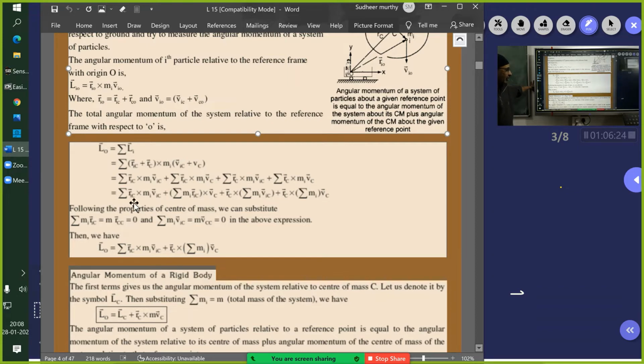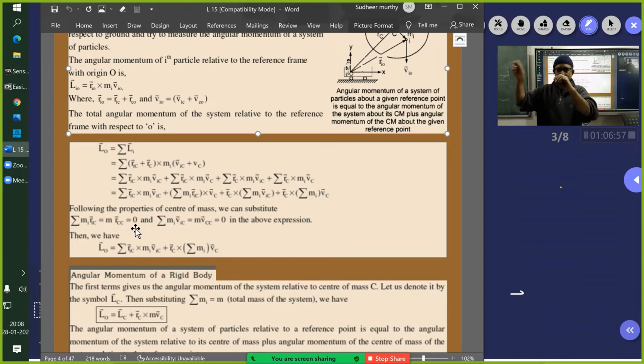You have to do a bit of manipulation here. The first manipulation is that MI is put here, and here also MI, VIC, RC, so and so is put here. Now, following the properties of the center of mass, we can substitute here. You see summation MI RIC. You remember yesterday this is equal to 0 because about the center of mass, for every particle that you see on the right, there is a corresponding particle on the left.